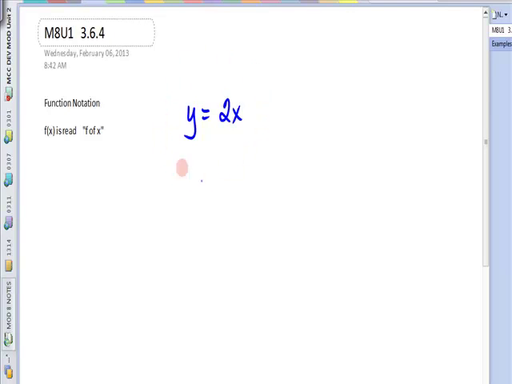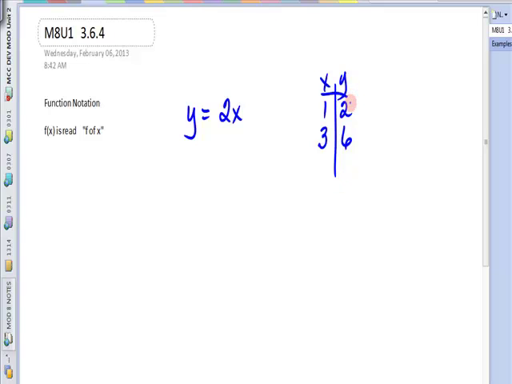This is a relation. If I put in x as 1, I get y as 2. If I put in x as 3, I get y as 6. Now I could do this infinitely, and this would generate a set of ordered pairs.